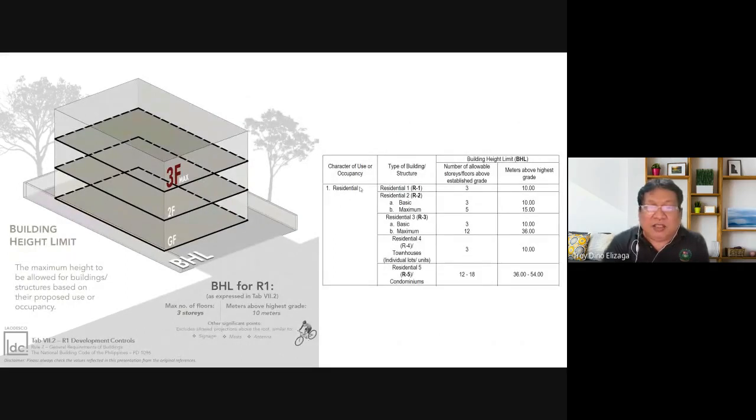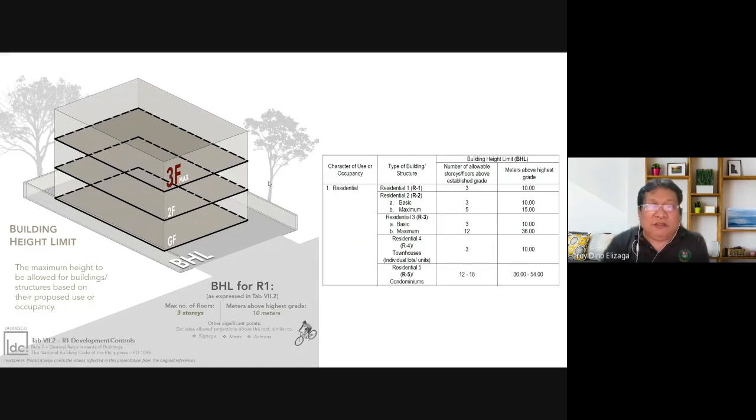So you can still go as high as 3 floors, unless, well, here's the meter above the highest grade. So for as long as you don't go beyond 10 meters. Okay, which means if it's like this, your roof will have to be flat. Otherwise, you have two floors.